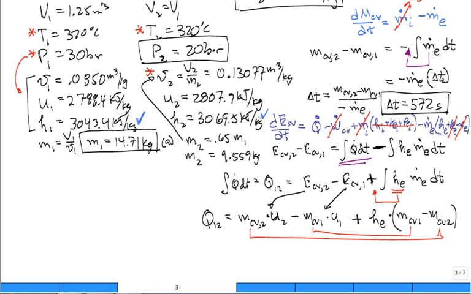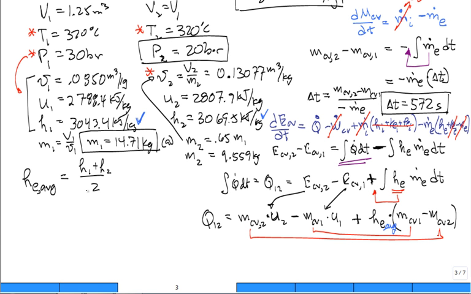As a mechanical engineer, what's the difference between those two numbers? Very small. So guess what we're going to do? We're going to put the AVG right there. And what do you think we're going to put for the enthalpy of the steam that exits as an average value during the process? It's initial plus final, divided by 2.